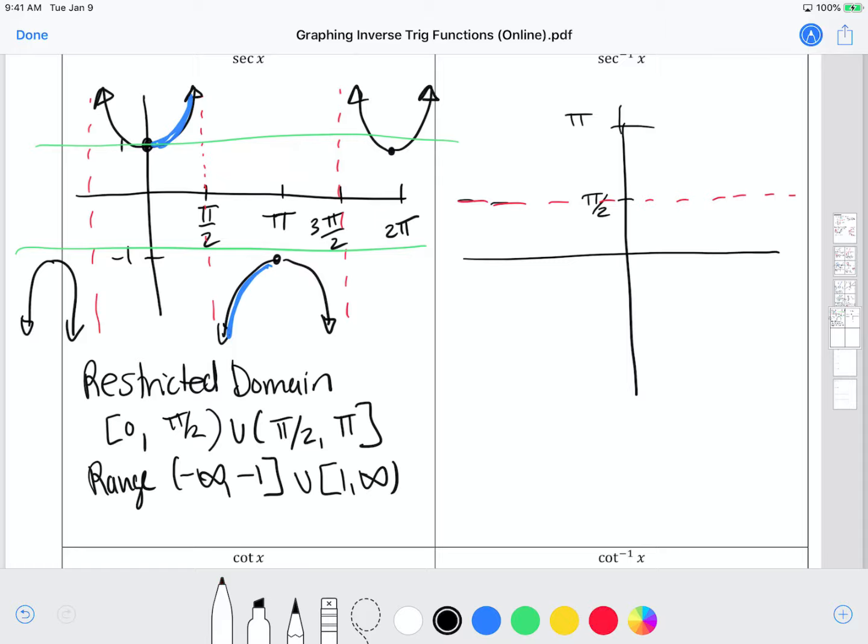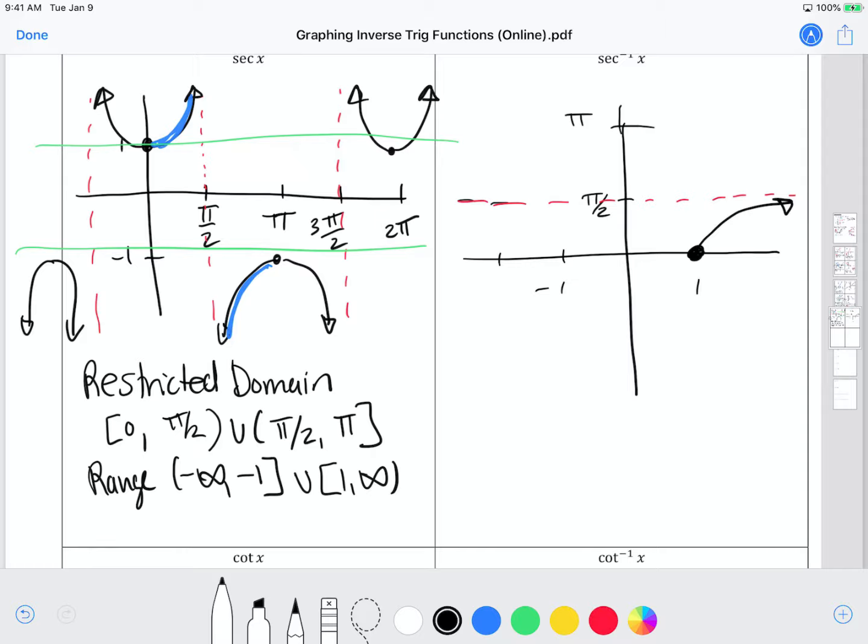Then when we start plotting points, on the mother function we have the point 0, 1. So we're going to have the point 1, 0 on the inverse function. And then it's got to flatten out at the horizontal asymptote.